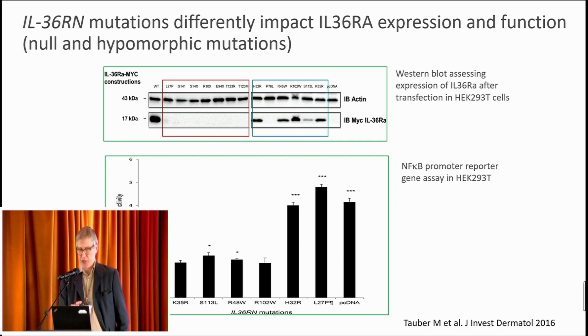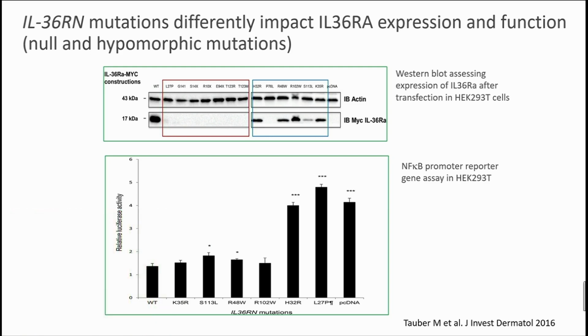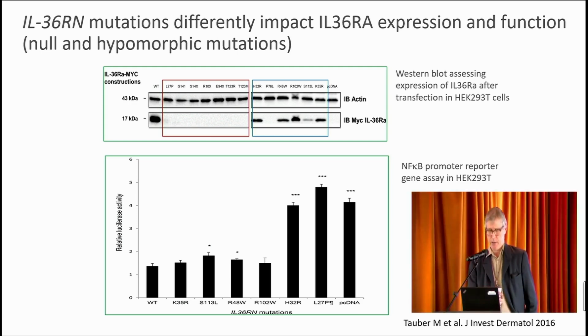And after transfection in human embryonic kidney cells, we were able to show that on the left-hand side, the red box, you can see that there is no protein expressed, showing that these are really null mutations, usually associated with severe phenotypes, so not really localized, but GPP or AGEP. And on the right-hand side, you have so-called hypomorphic mutations with a lower expression, but still existing.